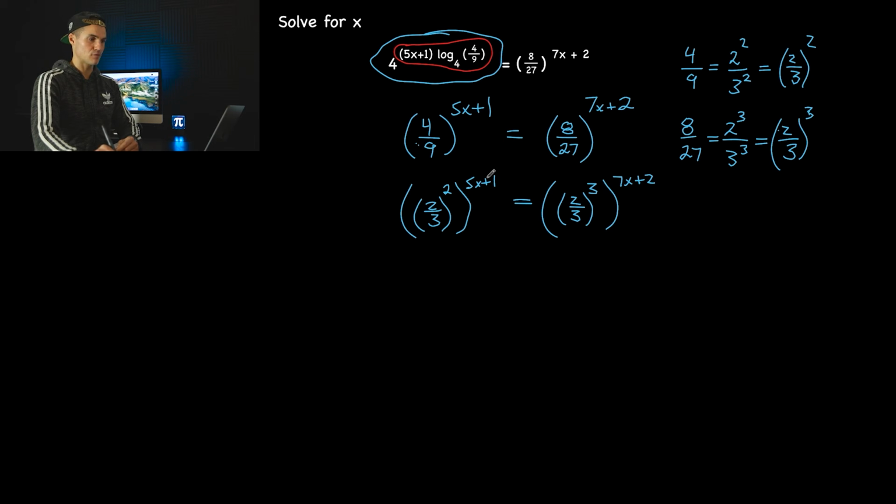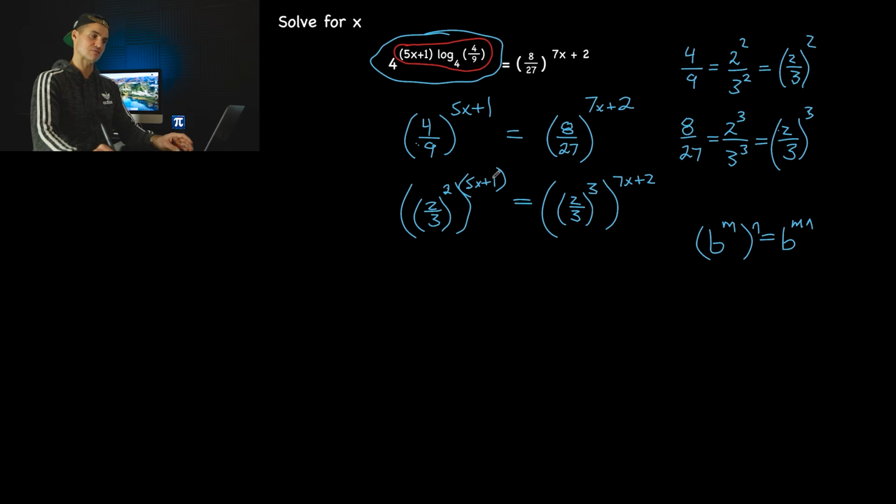You have to be careful here with this 2. These two exponents are multiplying, right? Whenever you have b to the m to the power of n, that's equal to b to the power of mn. Those two exponents are just multiplying. However, this 2 is multiplying by this entire expression, not just by the 5x here. So you got to make sure you put that in brackets.